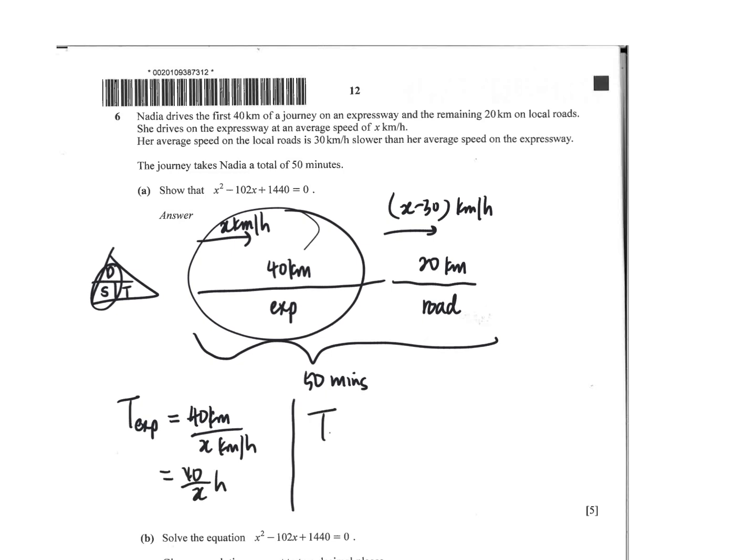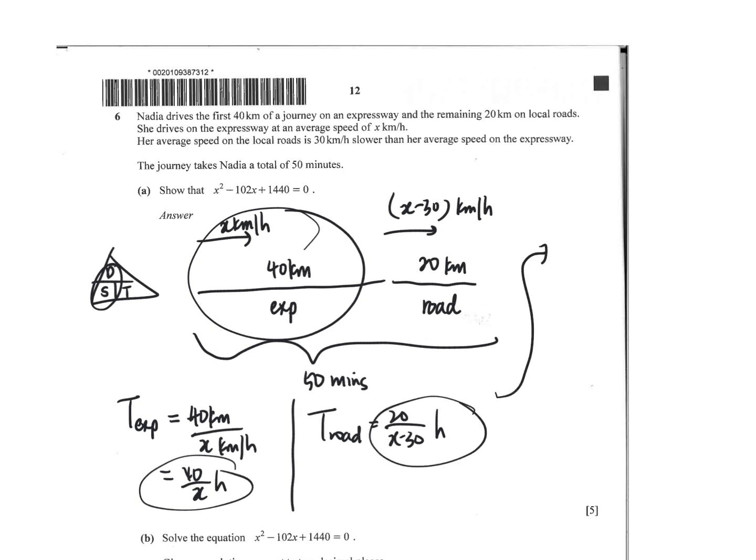Then for the road, the time taken will be 20 divided by X minus 30. And this total time taken should equal 50 minutes, so you add them up. It should equal 50 divided by 60 hours. Convert it all to hours.